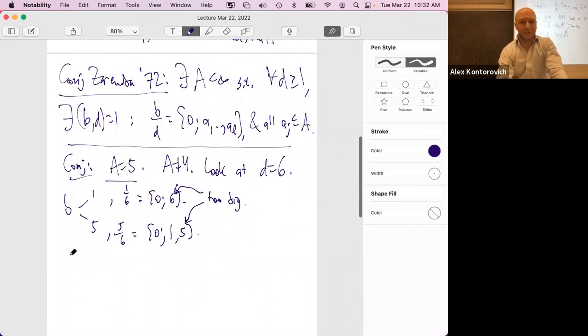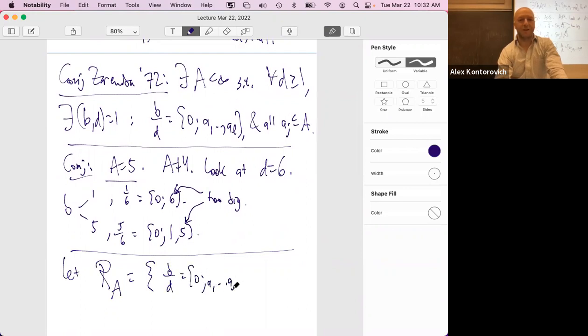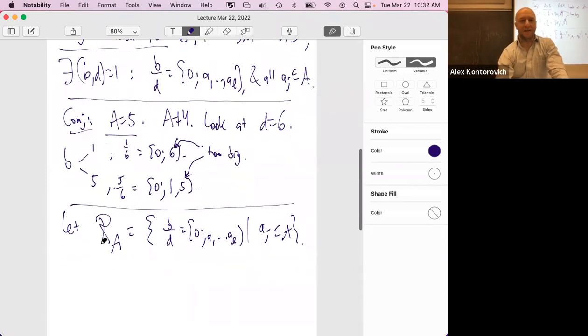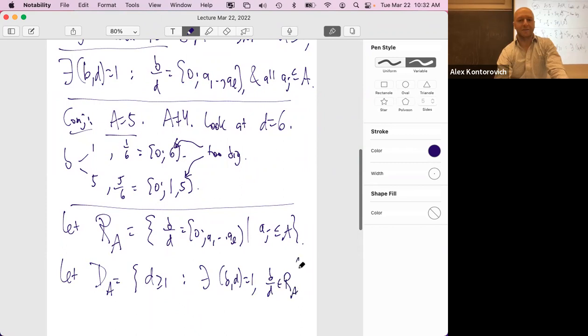Now, let's introduce a little bit of notation. Let R sub A be the set of fractions B over D in lowest terms with partial quotients A1 through AL, all bounded by this parameter A. And then let D of A be the set of integers D so that there exists a B co-prime to D with B over D in R sub A. So we just showed that 6 is not in D4.